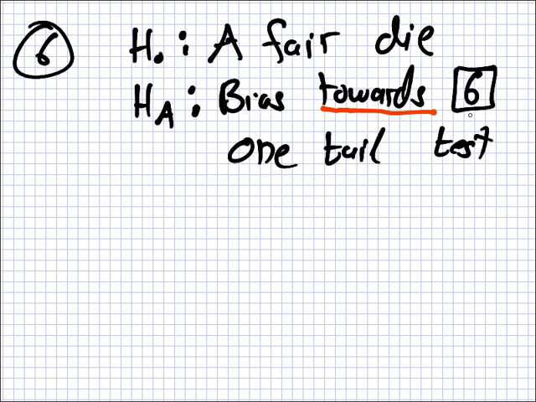No. Bias toward other except 6. Oh, towards 6 and other numbers. Just unfair at 6, you know? Yeah. Or bias towards all numbers except 6. But that's one tail. It's just the other side of the tail. You see? Just bias, this is complicated.